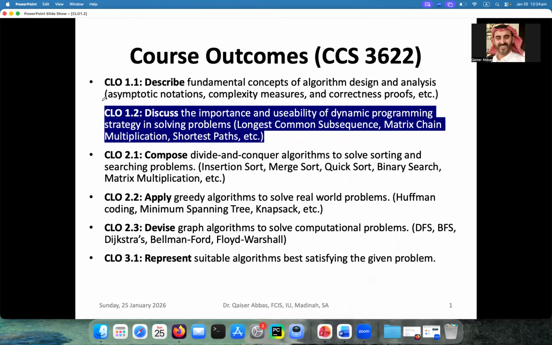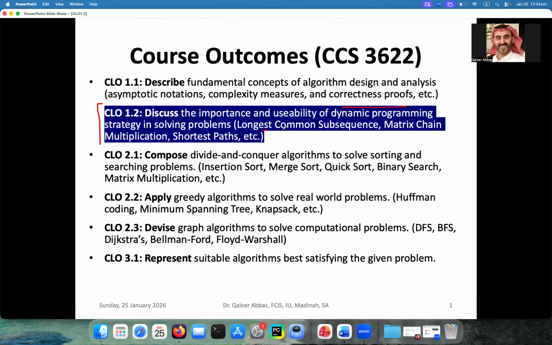Now, this is the CLO that we have to start. The statement for the CLO is: discuss the importance and usability of dynamic programming strategy in solving problems. So this CLO is about dynamic programming, and we will study some different topics related to it.